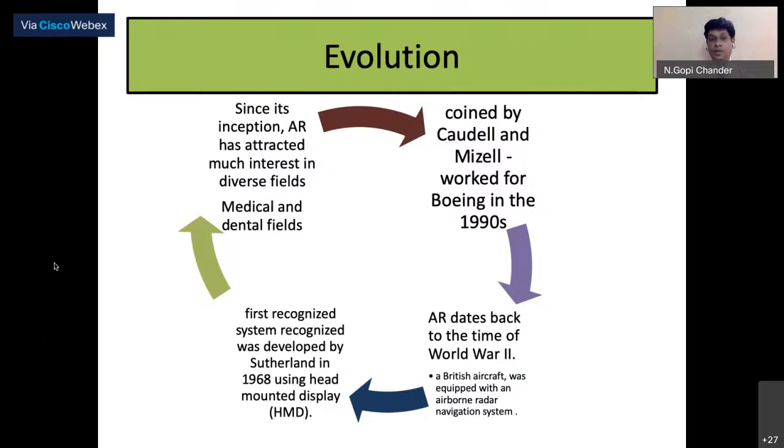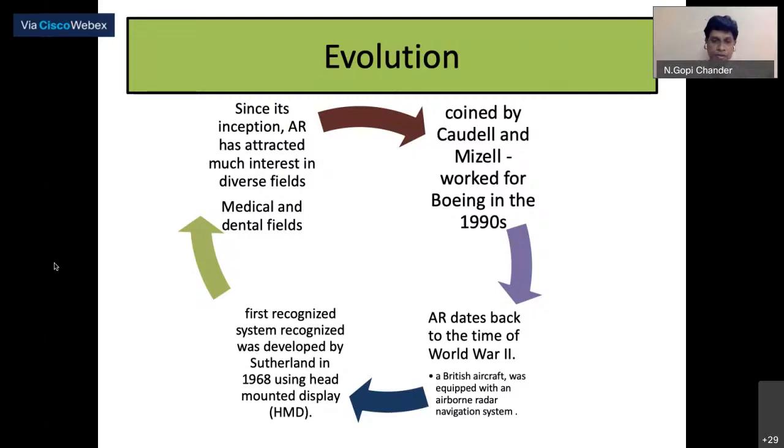What we see are advanced platforms; maybe the younger generation is going to see a more advanced platform, having not seen the older platforms. But these were the major evolution breakpoints: in Boeing and Sutherland in 1968 used a head-mounted display. All these are going to be important parts of the evolution of augmented realities.